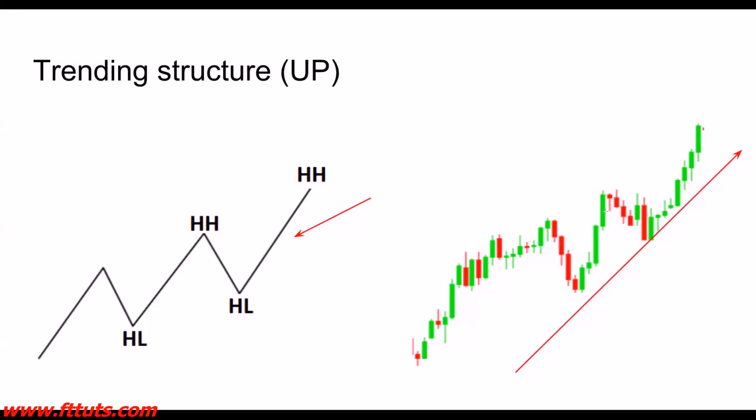Okay, and because we've been so conditioned to believe that we buy when the market's moving up and sell when the market's moving down, and of course we illustrate this as an uptrend and a downtrend, we're constantly looking for clear market structure like this.